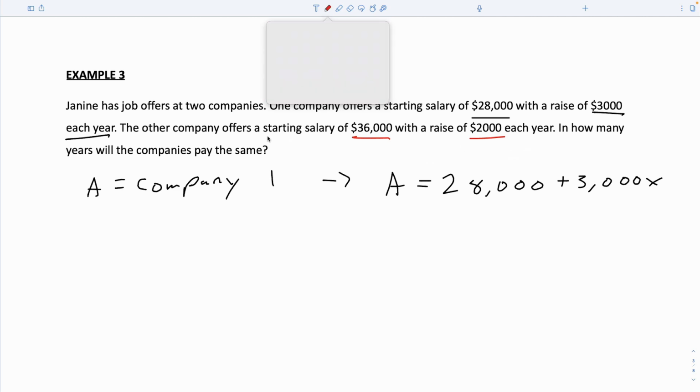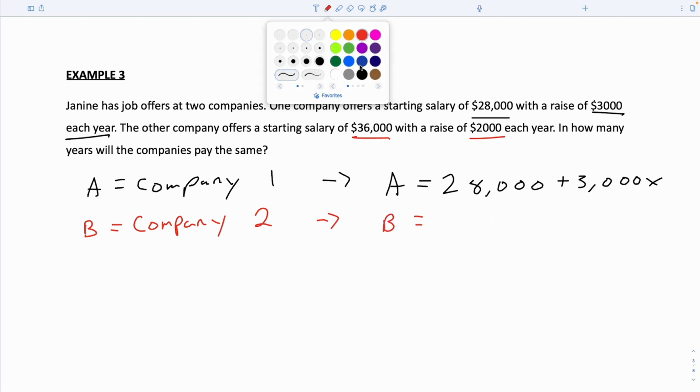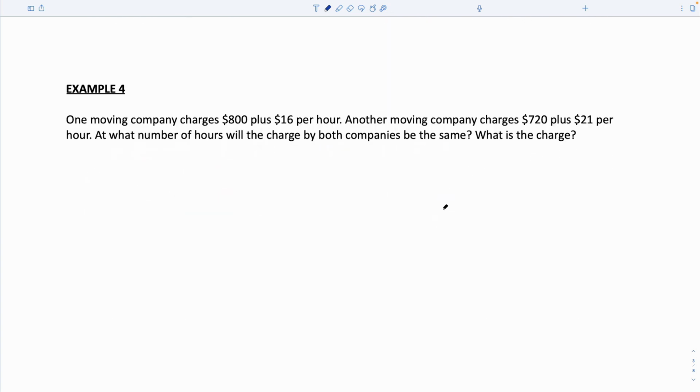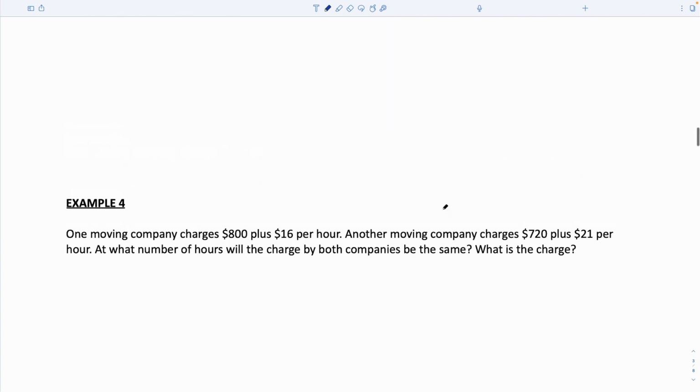Then they give you another company, company 2. We'll say it's B. And company B is a little bit different. They give you a starting salary that is higher, but something else changes.